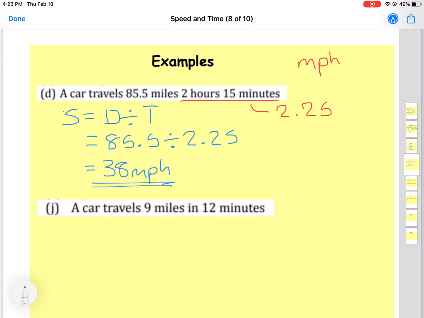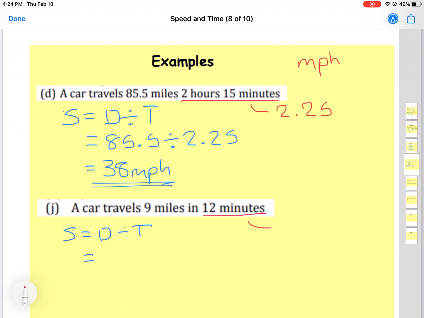Next calculation here, so again it's still distance divided by time. In this case I am given my time as 12 minutes. Now if I was to do 9 divided by 12, which is a reasonable calculation, I would be finding my units in miles per minute. Now that's not a normal measurement of speed. We don't tend to use that in the real world.